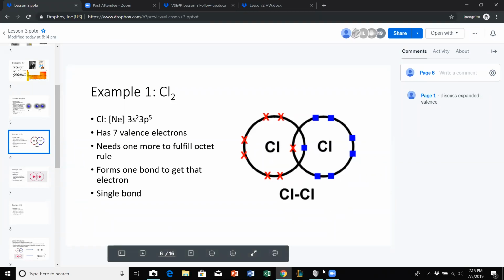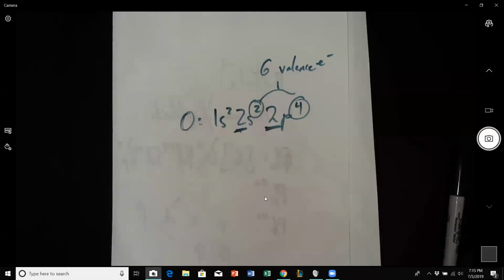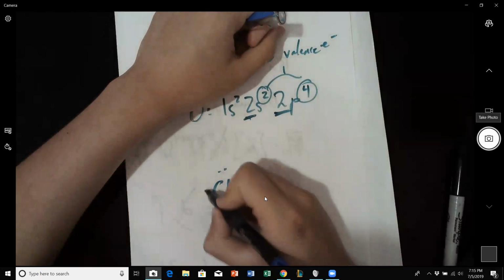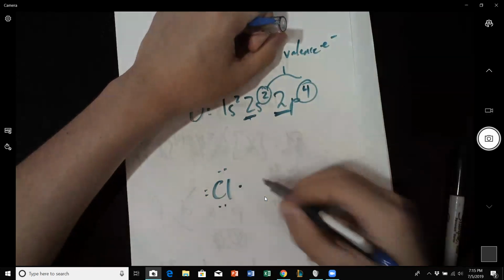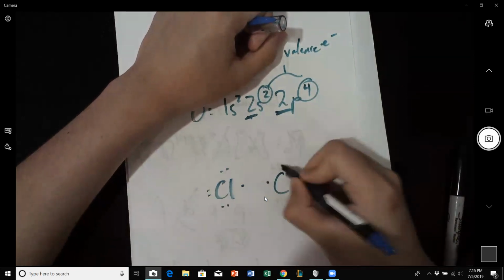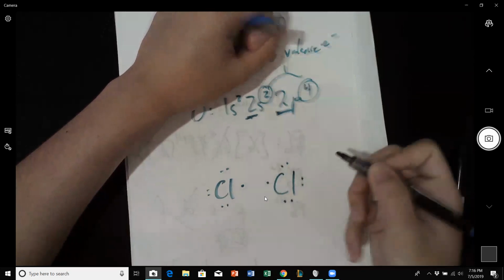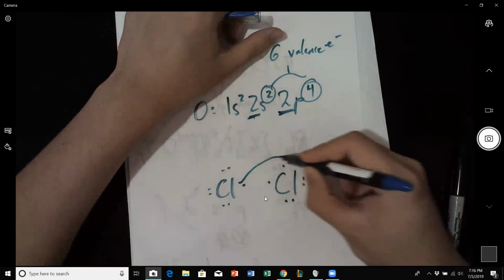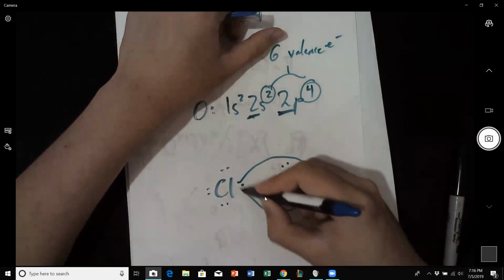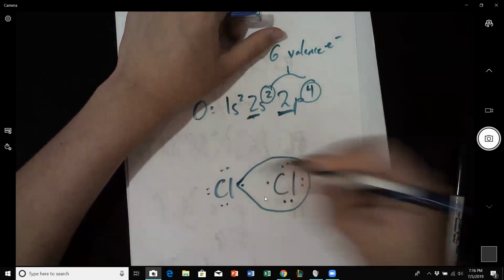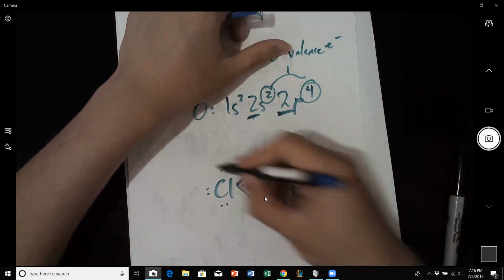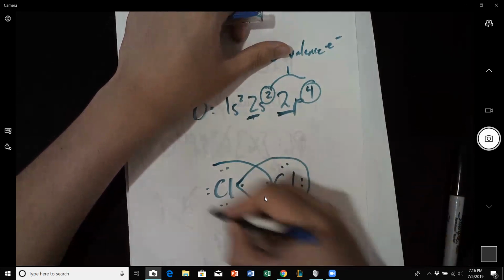I guess I can show you a better illustration of this. So Cl, with our 7 valence electrons, and then I will draw a little circle. This electron gets shared with this chlorine, the electron from the other chlorine atom gets shared, and the same thing happens here.